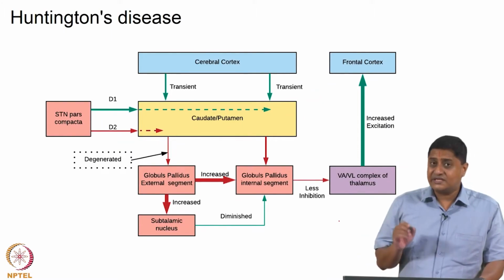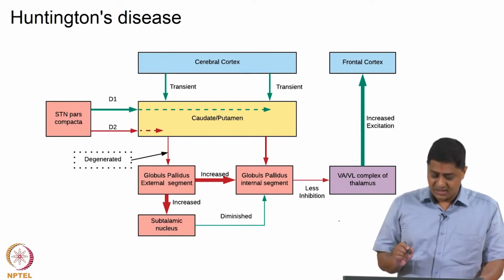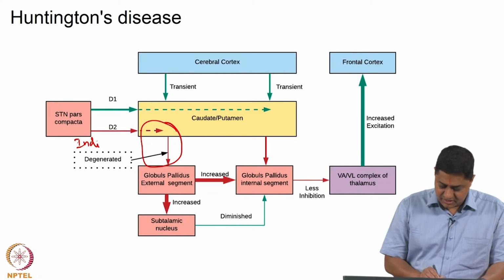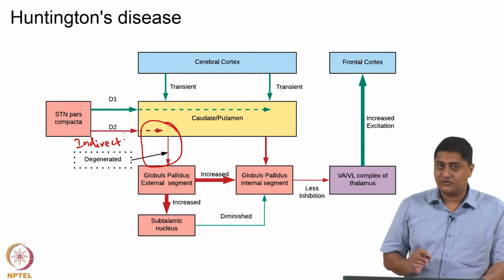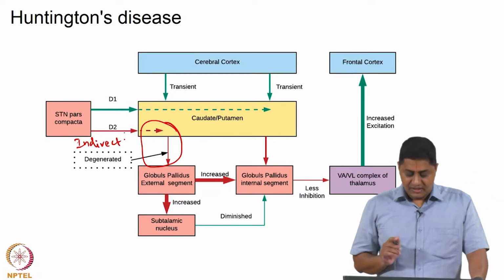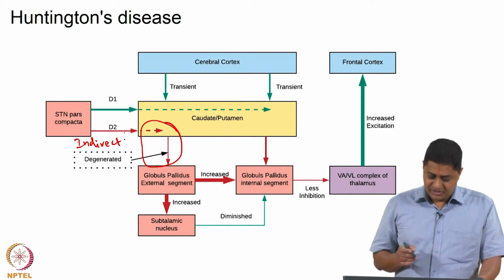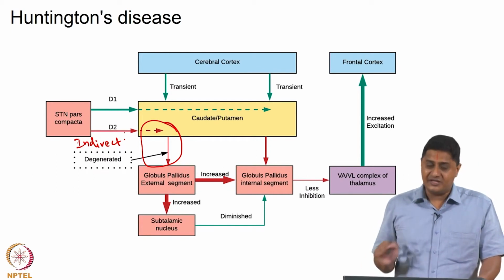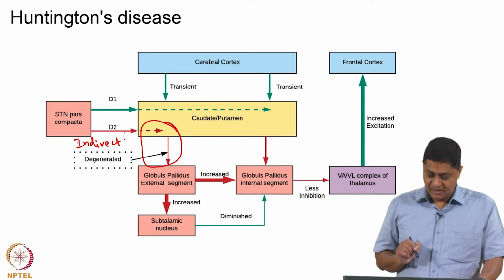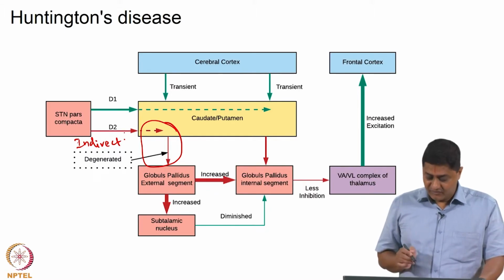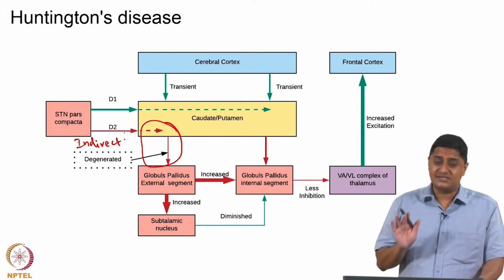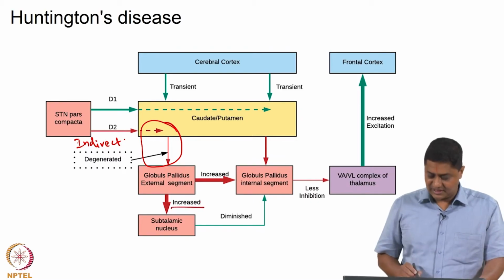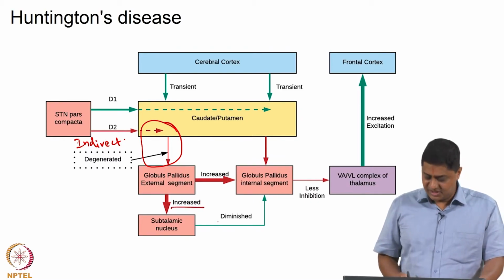It turns out that Huntington's disease involves selective degeneration of the indirect pathway. That means the neurons from the striatum to the GPE are affected. This leads to a situation where the subthalamic nucleus is inhibited to a greater extent, thus diminishing the subthalamic nucleus input to GPI.